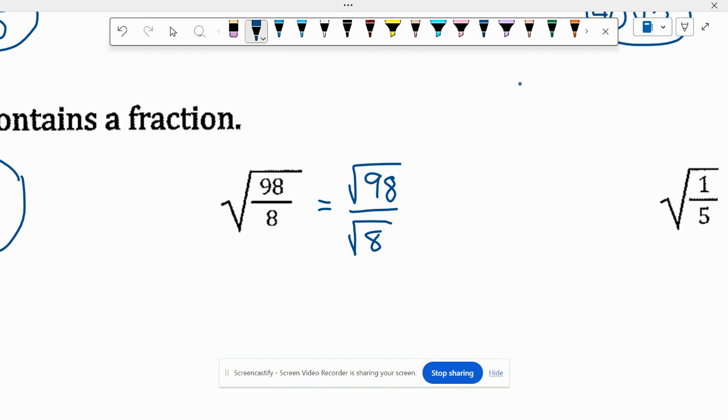It's 49. So 98 is the same thing as 49 times 2. So we're going to write the square root of 98 as the square root of 49 times the square root of 2. Because 49 times 2 is 98, and we know that 49 is a perfect square. So the first term is a perfect square. The second one is not perfect.